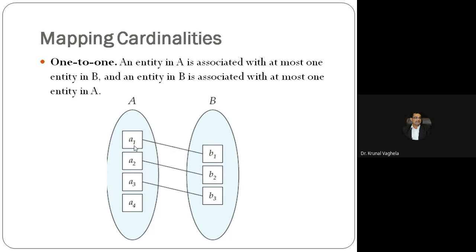A is the list of mentors, B is the list of students. A professor can be mentor of only one student, and a student can be mentored by only one professor.